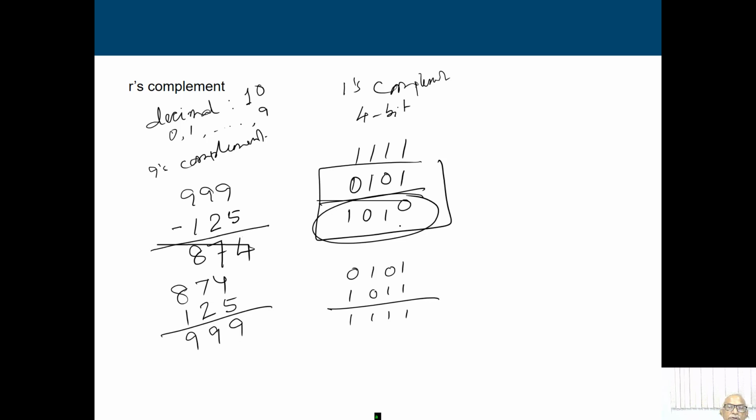If it is 0, we put 1, and if it is 1, we put 0. So 0 1 0 1 becomes 1 0 1 0, and we say this is the 1's complement number. In both cases, if I add 1 to this particular result, what am I going to get?